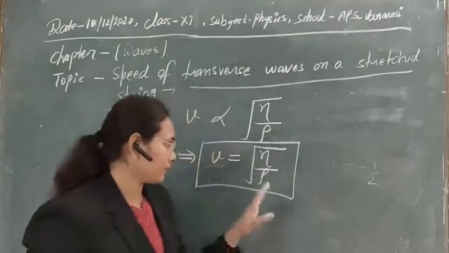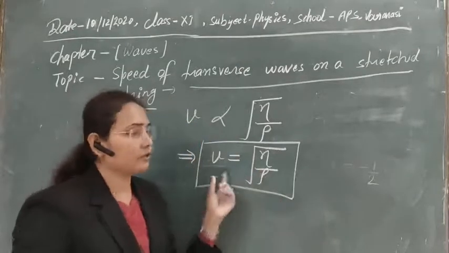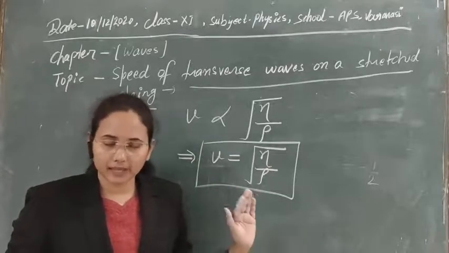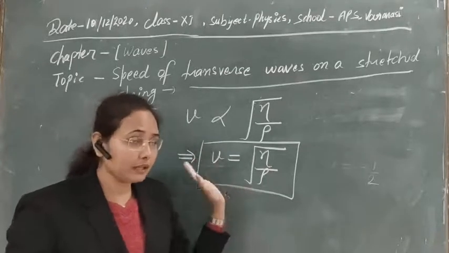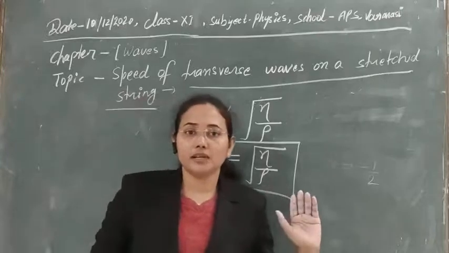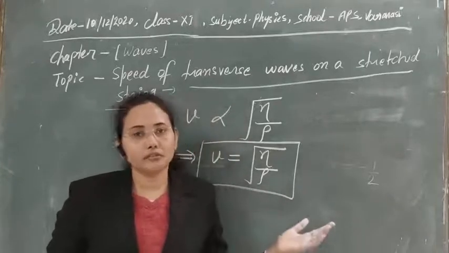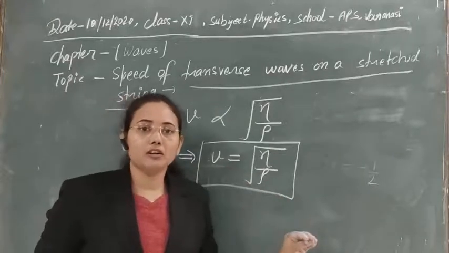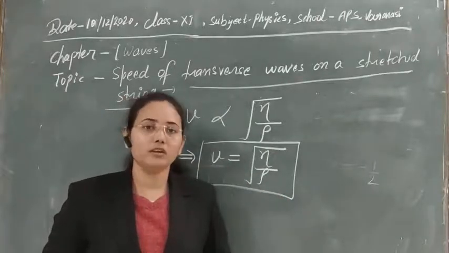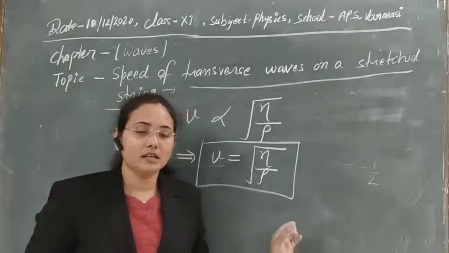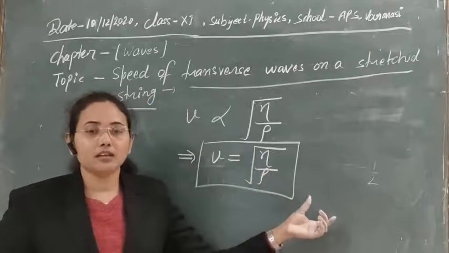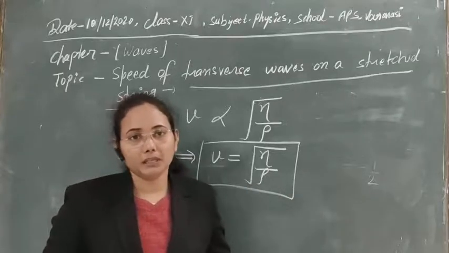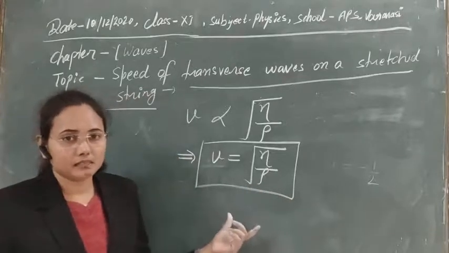Here I am only talking about the transverse wave, not about the longitudinal wave. Later we will discuss that. Whenever a transverse wave is produced in solids, the speed of the transverse wave will depend on two factors: first is the modulus of rigidity, and second is the density of the material of the medium. On these two factors it is dependent.